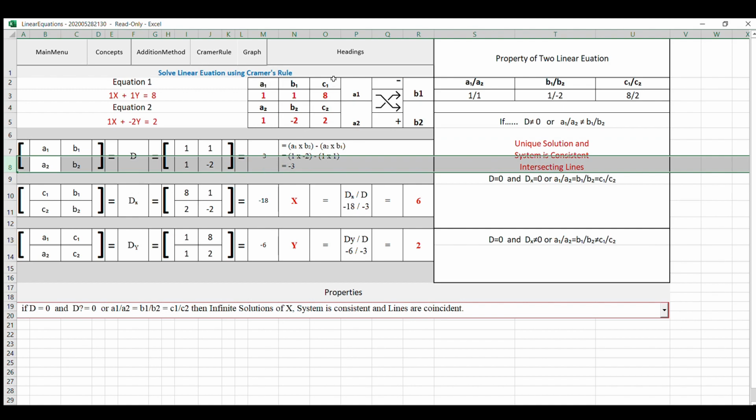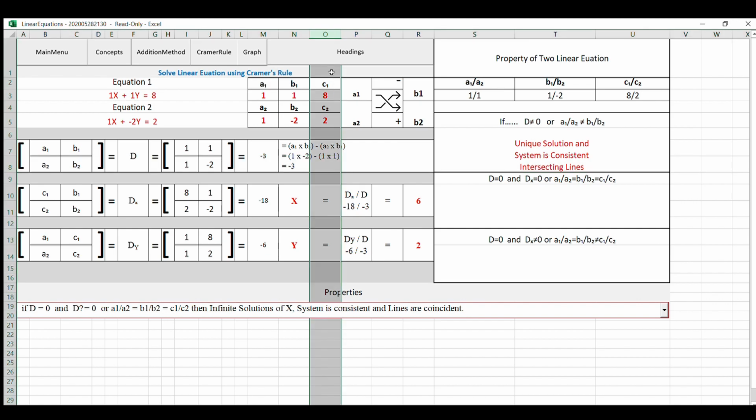In the first matrix, you have to eliminate the constant column, that is C1, right? So you eliminate this C. So what is left? A1, A2, B1, B2. Write down exactly in the same order A1, A2 and B1, B2 in this matrix. Got it? So in this case, what have you done?